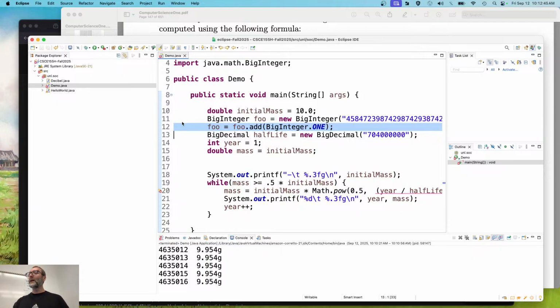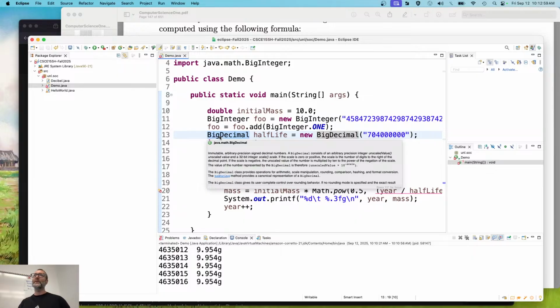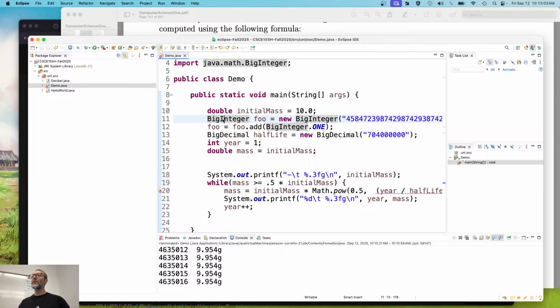Whereas a small d double, a small i integer, those are all done on the hardware, super, super fast, or on a GPU, even faster. Everything involving BigInteger and BigDecimal is done in software, which is orders of magnitude slower. So you only do that if you absolutely need to.